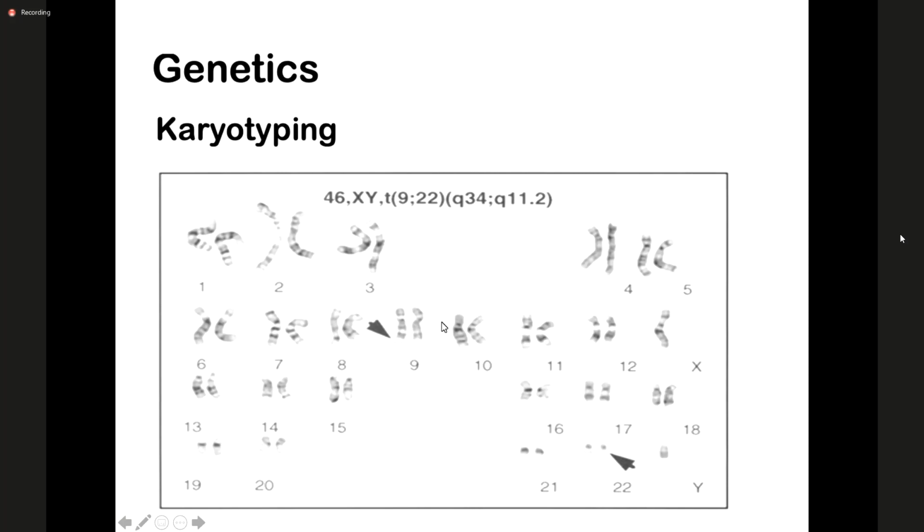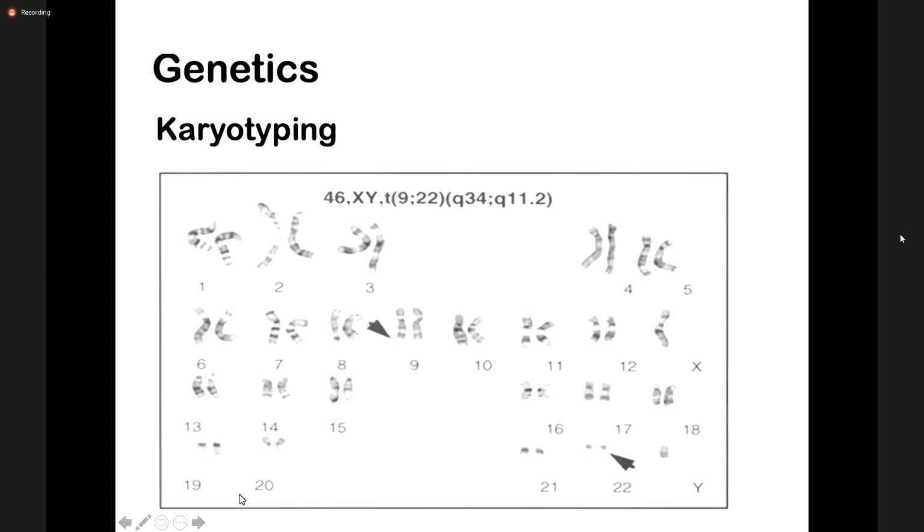So we know there is a translocation between 9 and 22. That's why the report says translocation 9;22. So this karyotype shows a male patient having a translocation of 9;22. So that's how it helps.